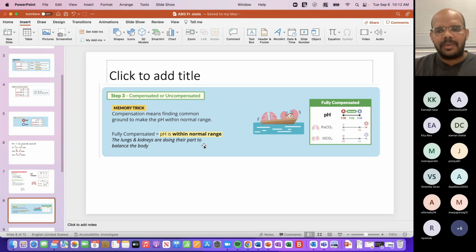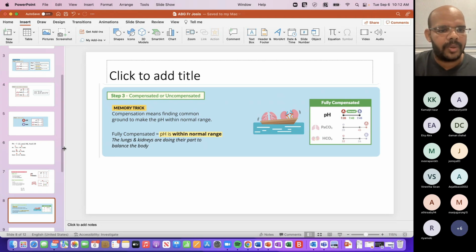They brought the pH level to the normal level, and that is known as fully compensated. If you see pH is normal but the other two are abnormal, then it means your kidney and lungs have compensated for it.